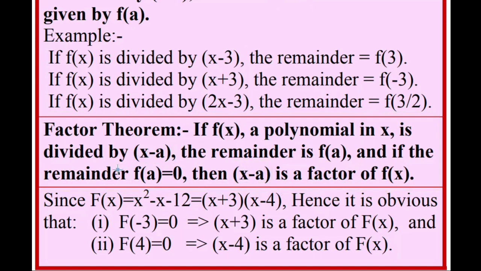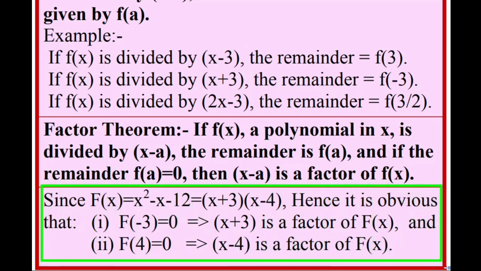Let's try to understand the same with a very simple example. In this example, I have taken f(x) as x square minus x minus 12, and we know very well that if we factorize it, the answer is (x plus 3) into (x minus 4). Now let's observe this. x square minus x minus 12 is equal to (x plus 3) multiplied by (x minus 4).